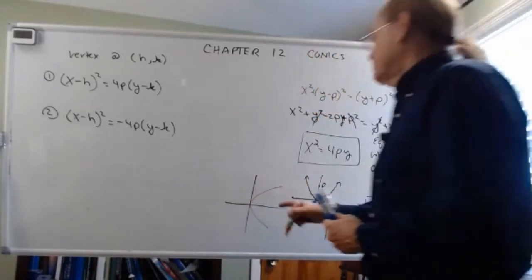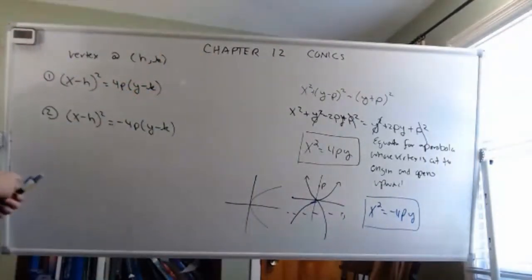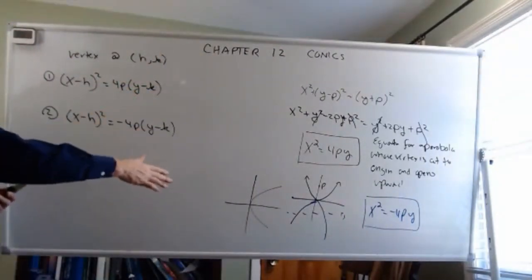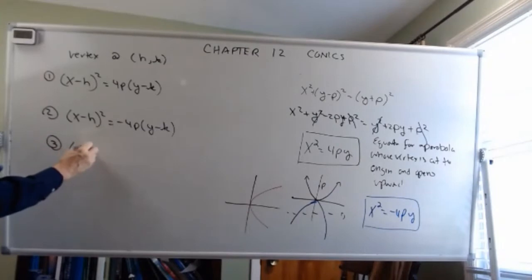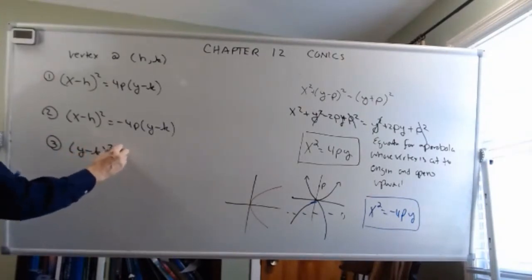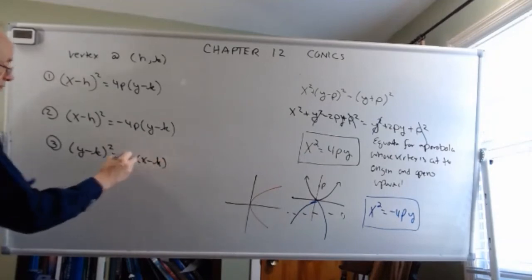And in that case, when you look at that option, if I center it at some point other than the origin, it will look like this. So now you have (y minus k) squared is equal to 4p(x minus h).